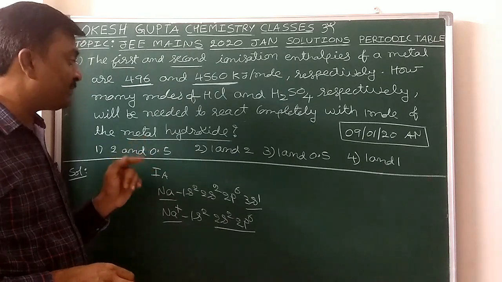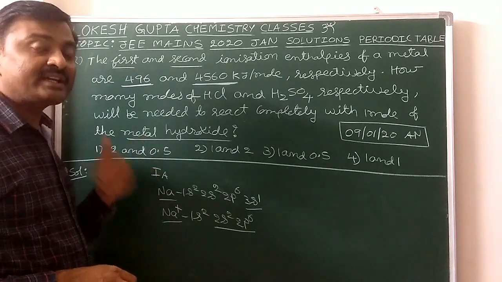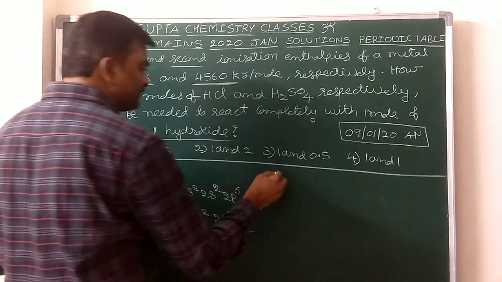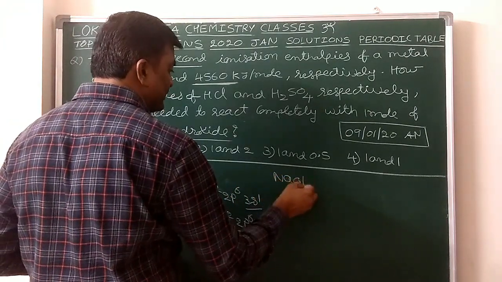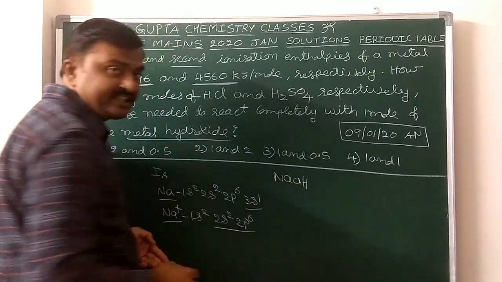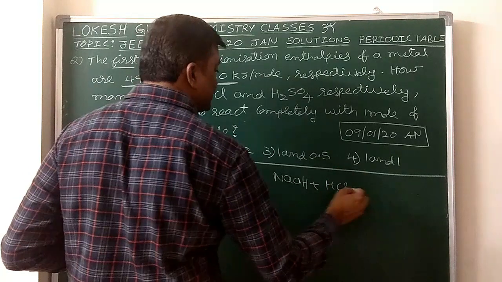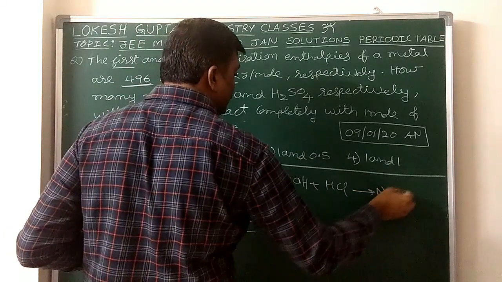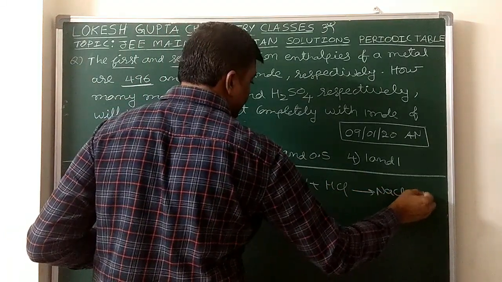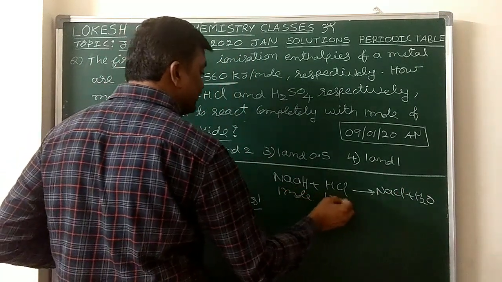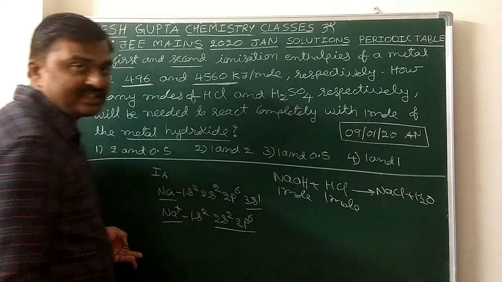Now this 1A group metal hydroxide, 1 mole, can react with how many moles of HCl and H2SO4? You know, for example, NaOH. It is a monoacidic base. So it can react with 1 mole of monobasic acid. So 1 mole of NaOH can react with 1 mole of HCl only.